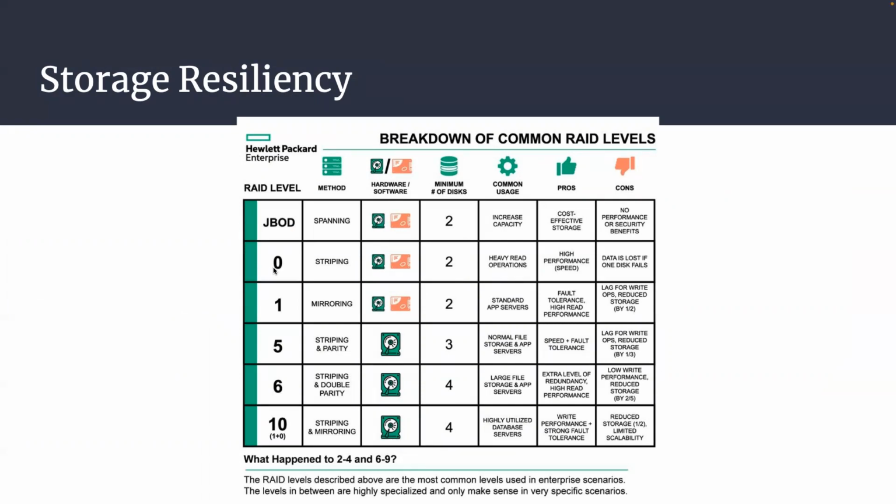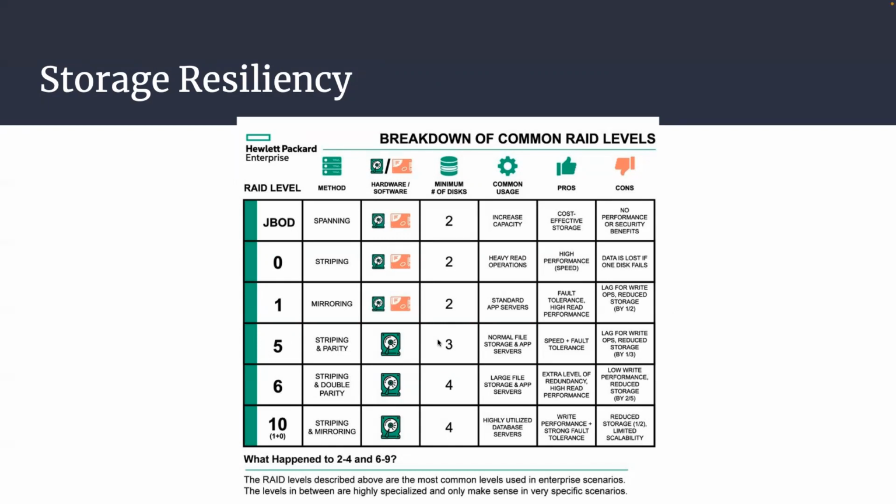We could have RAID 0, which means we will still lose data if one of the disks fails, but it is much higher performance. We could use RAID 1, which is mirroring. What is on one disk will be on the other. It is slower to write because you're writing to 2 drives at once, but if one drive dies, you have an exact copy already.